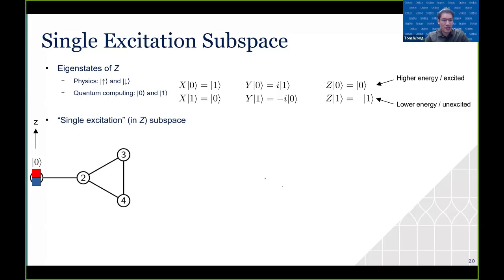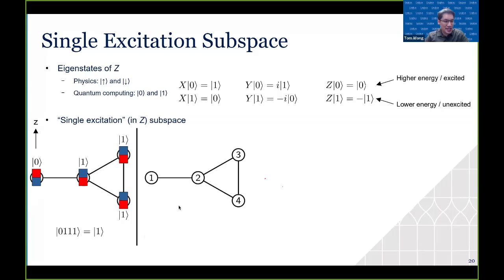And then the remaining 3 magnets are all pointing down in the 1 state. So we see how we have a single excitation, a single 0, and the rest of them are in 1. And so we can write this state now as 0, 1, 1, 1. And that's a perfectly fine way to write this state. Or another way to write this is that vertex 1 has the excitation. So we can just write this as 1.